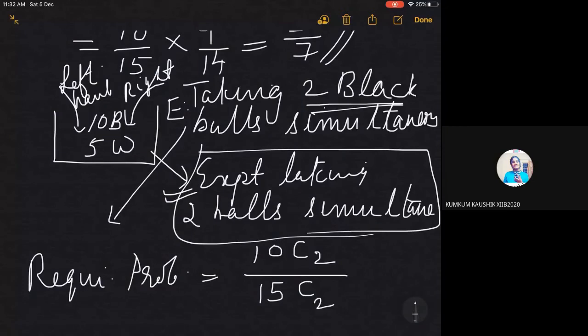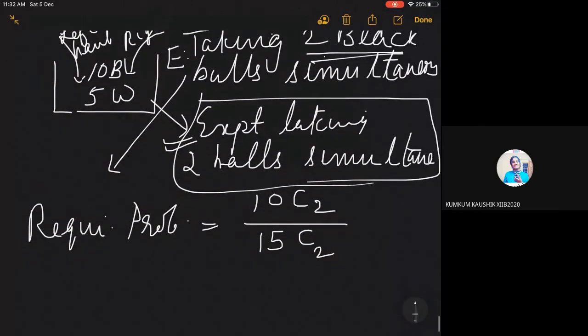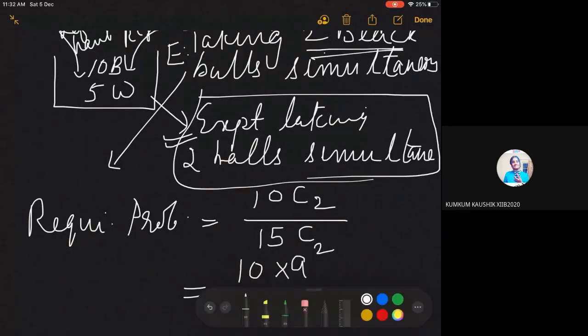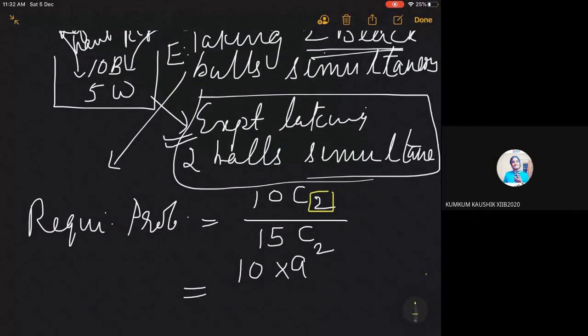C2 ways. So on simplification of this, we know last year we have studied 10C2 means, the suffix 2 is very important, 10 into 9 by 2 factorial, right? Suffix 2 means counting down from 10, you take 2 factors.